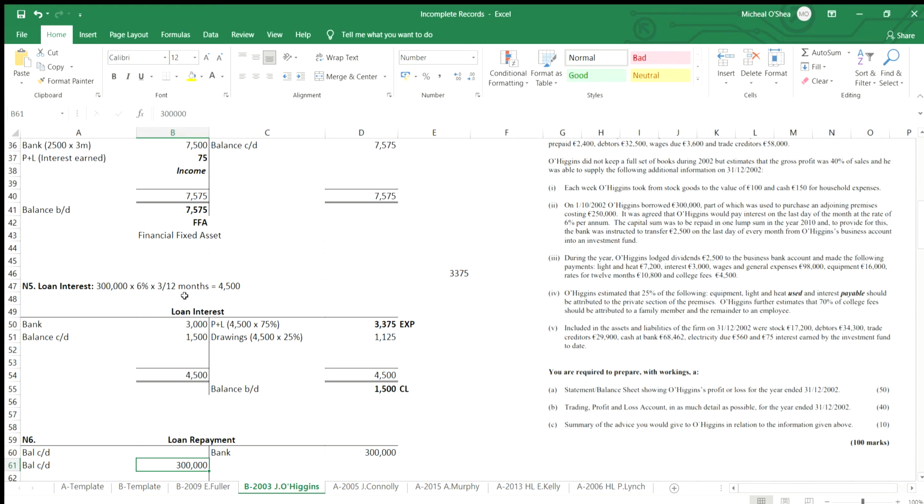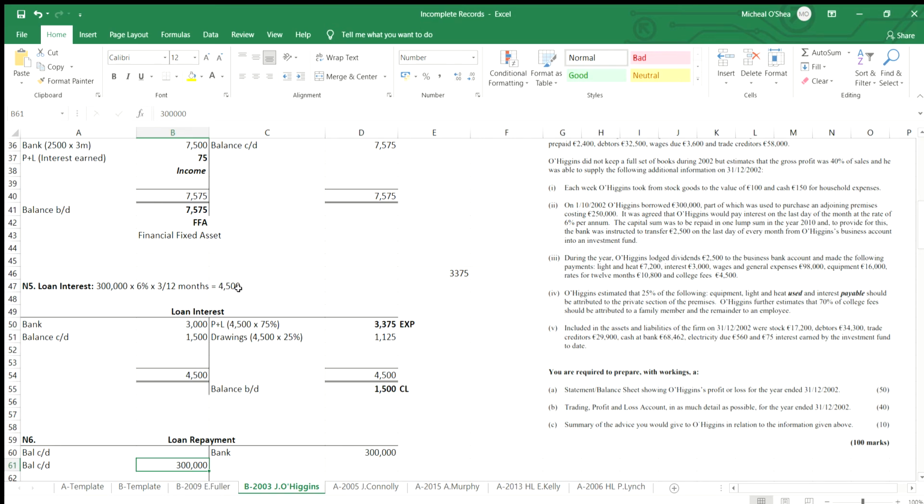So how do I show that? Well, that would normally be my P&L figure. I would normally put all of that into P&L, but we're told that 25% of interest payable is for the private section of the business. So 25% of this is for the private section, which is drawings, and the other 75% will stay within the business as an expense.